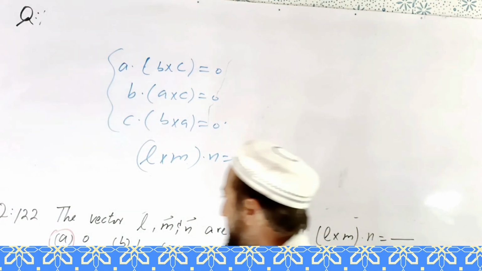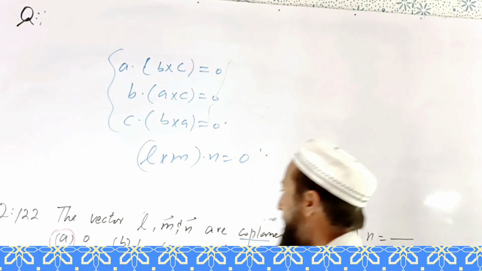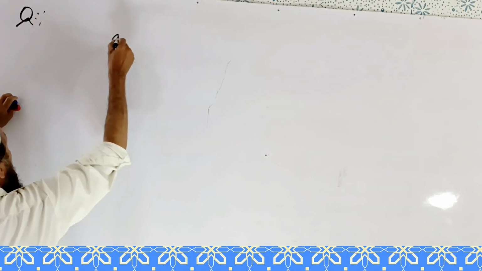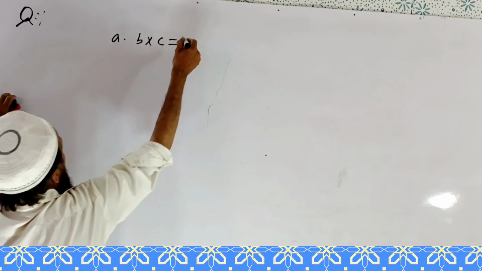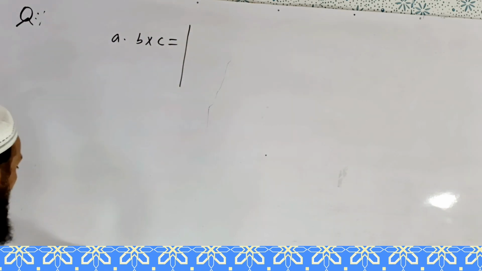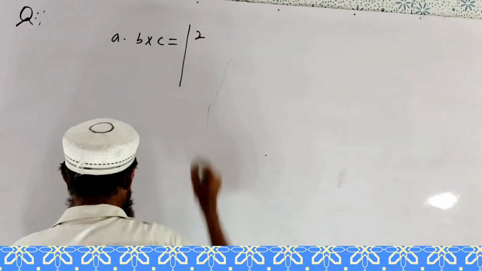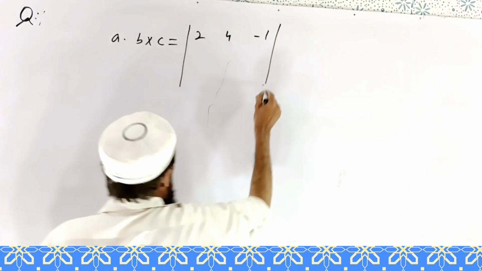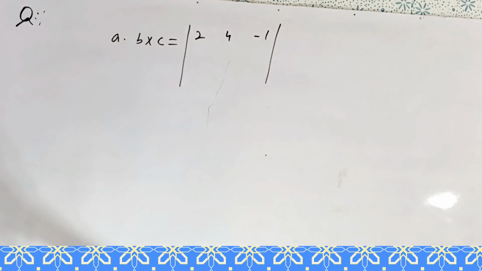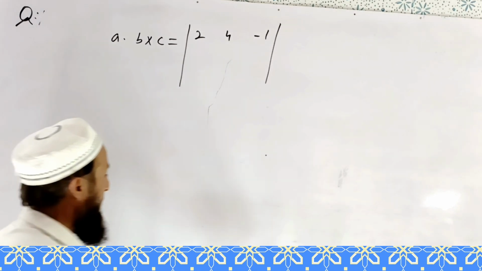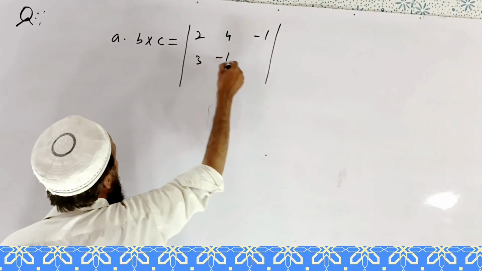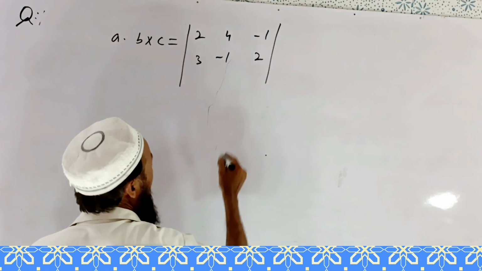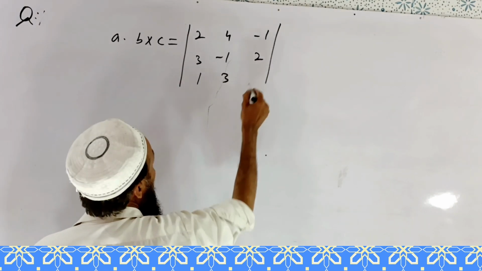So this is called coplanar. And the last question: if A, B and C are given, then A dot B cross C is equal to what? Here 2, 4 and minus 1 are the coefficients of A, then 3, minus 1, 2 for B, and the third one is 1, 3, minus 3.